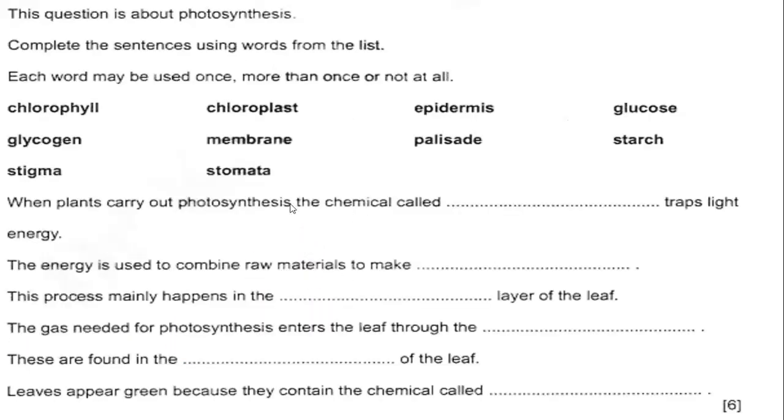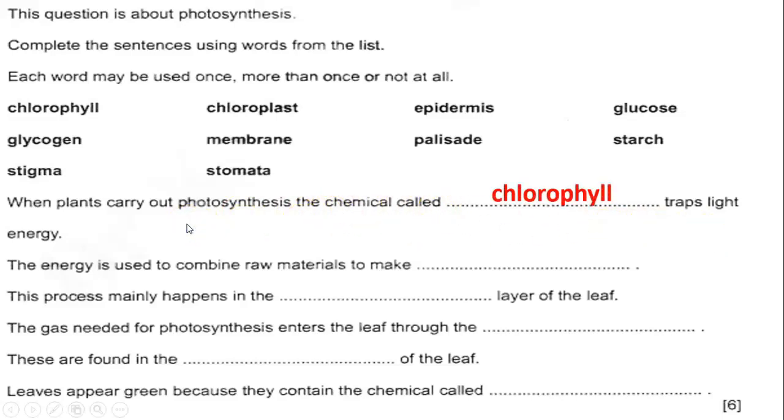So this question is about photosynthesis. Complete the sentences using words from the list. Each word may be used once, more than once, or not at all. Reading the question carefully is very important. Why? You will see later. When plants carry out photosynthesis, the chemical called chlorophyll traps light energy.